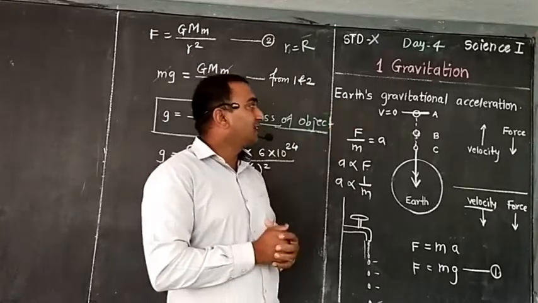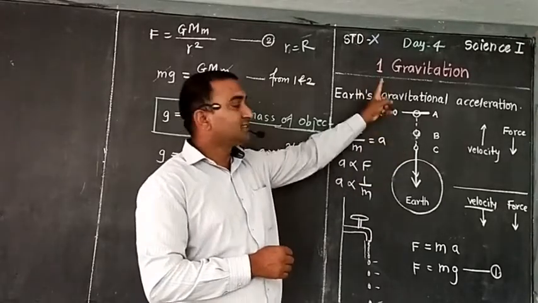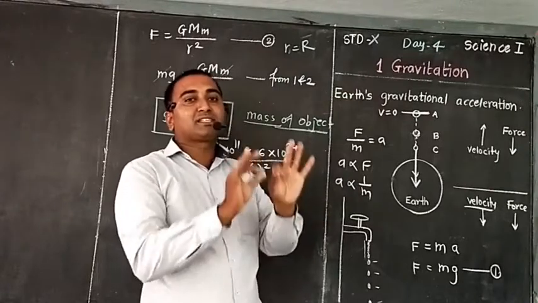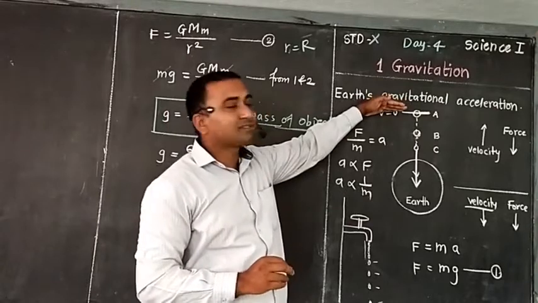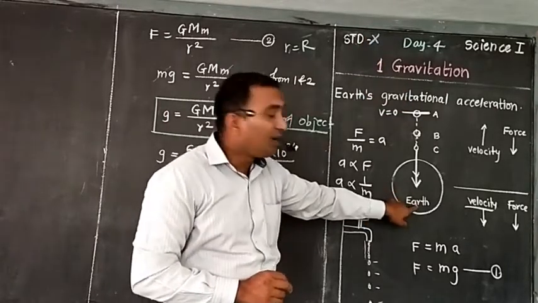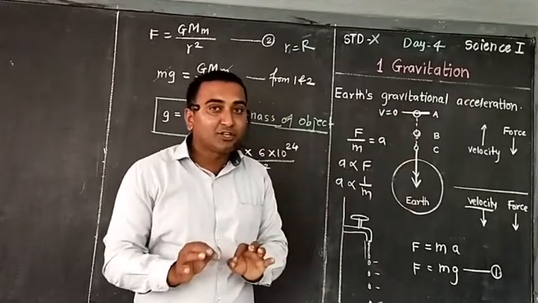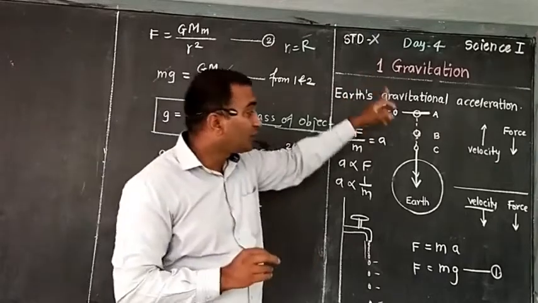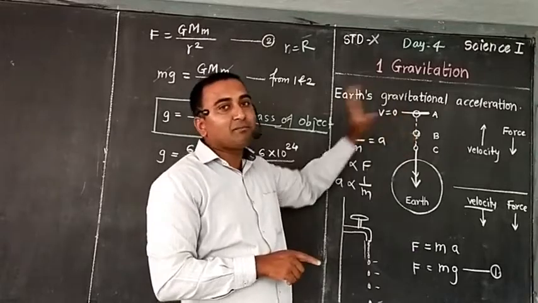Second, as an object you have thrown upward, velocity is upward but force is downward, so velocity decreases and becomes 0, and it seems to be at rest. After that only the earth's gravitational force remains, so the object comes downward. Acceleration due to gravity is a vector quantity because it is only towards downward, having direction as well as magnitude.